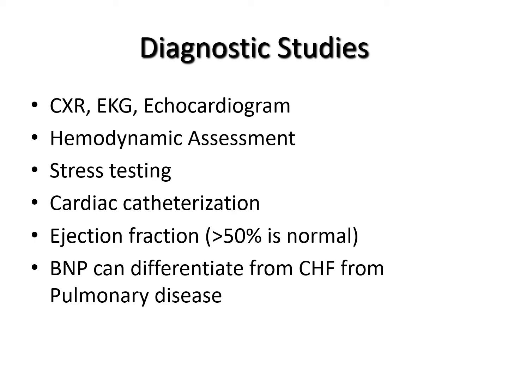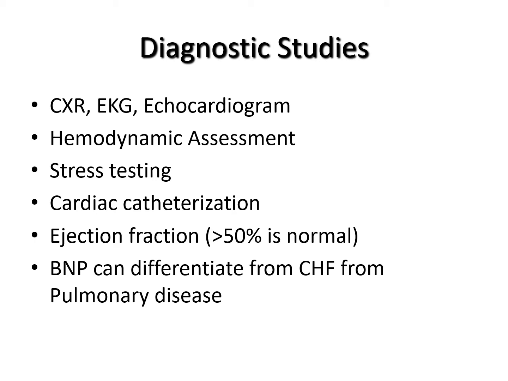Remember, the heart failure patient often presents with shortness of breath and dyspnea. So we need to differentiate whether the shortness of breath is due to heart failure or to a pulmonary disorder, perhaps pneumonia, bronchitis, or something to that effect.